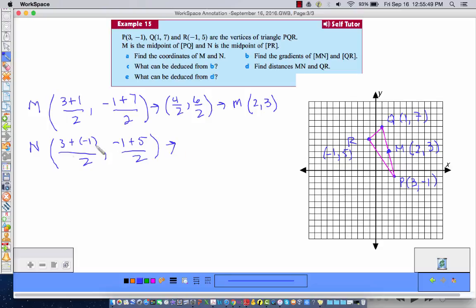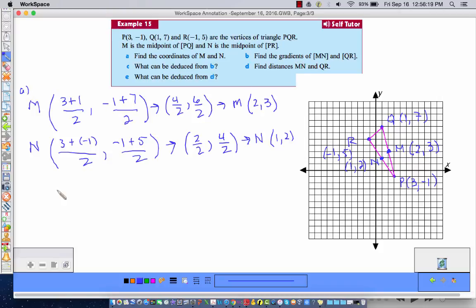So for the x coordinate, 3 and -1 is 2 over 2, and the y coordinate would be 4 over 2, which gives me the midpoint N of 1, 2. So let's have a look at that. 1, 2, perfect. That is point N, and it has the coordinates again 1, 2. Okay, so we've done part A quite nicely there.